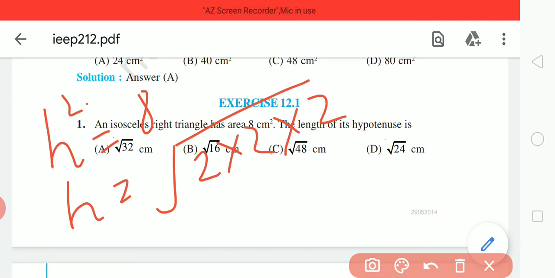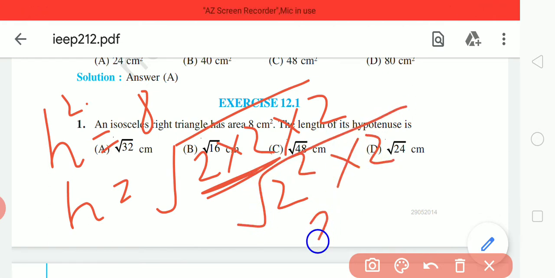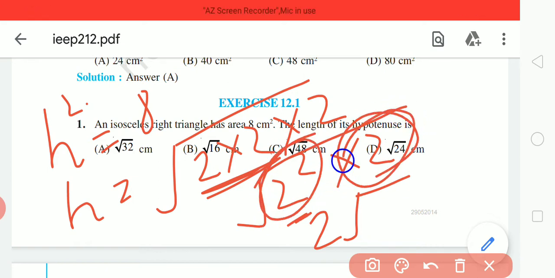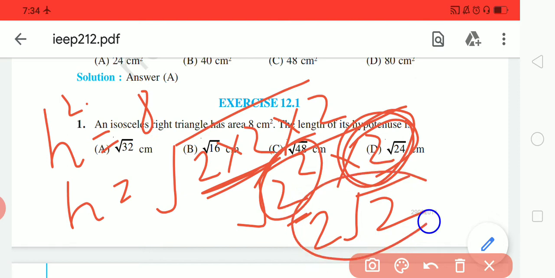You can make the pair, so this becomes 2 square into 2. So take 2 out, because square and square root will cancel out, but the power 1 remains under the root. So 2 root 2, this is the length of base and height, because both are equal.